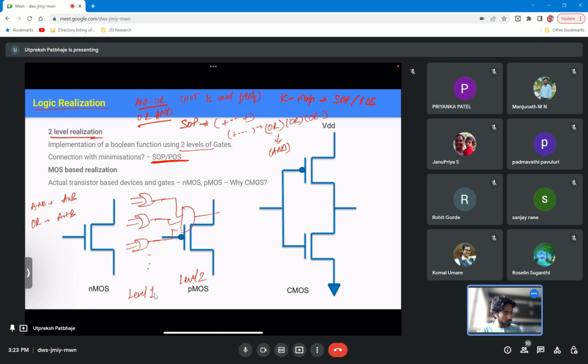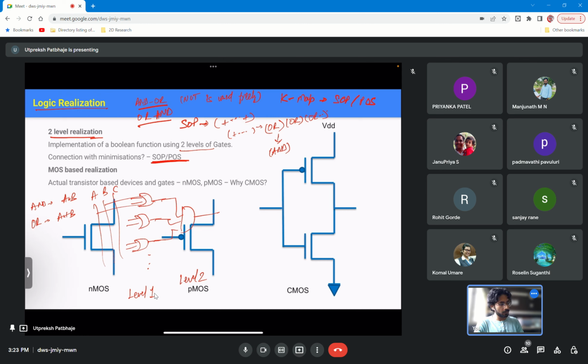So if there are multiple variables, there will be multiple variable lines running, and you will be just combining the required inputs to OR gates, and then that output will be going to your final AND gate. That's why two-level realization is very popular, because all of these functions that you have studied, which you have minimized, are very easily implementable using this two-level realization.